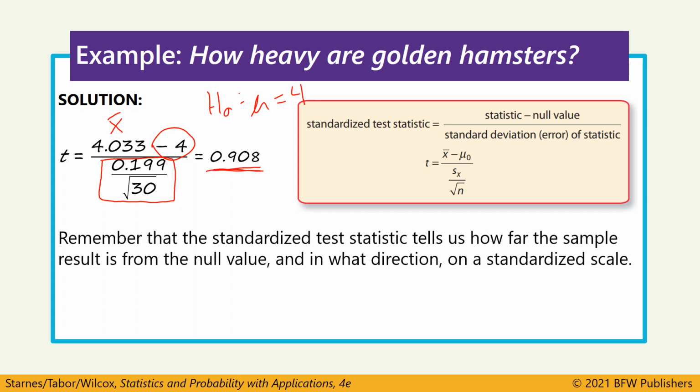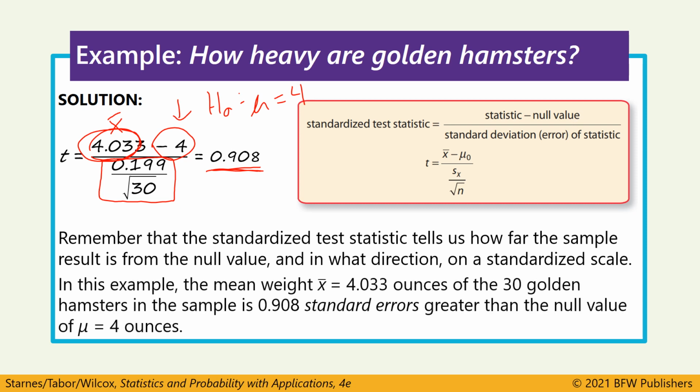So that t-score is telling us how far this sample result is from the hypothesized mean, the null value, and the direction. So positive means it's above, negative means it's below. So in this example, the mean weight of these 30 golden hamsters is 0.908 standard errors greater than the null value of 4 ounces.